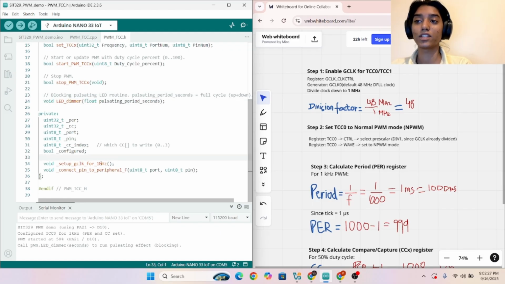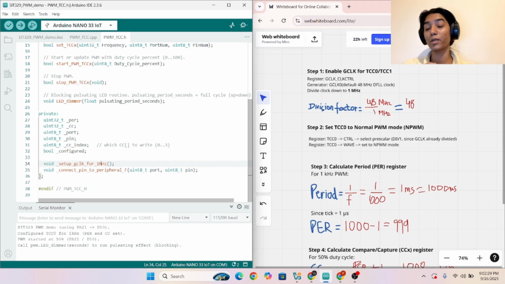I explained this earlier as well: I'm dealing with a 1 megahertz frequency, and that is done with the help of the DA power 48, which runs on the general clock cycle of 48 megahertz, and we have a general clock at 4, which divides it by 48, giving us back the actual 1 megahertz frequency.